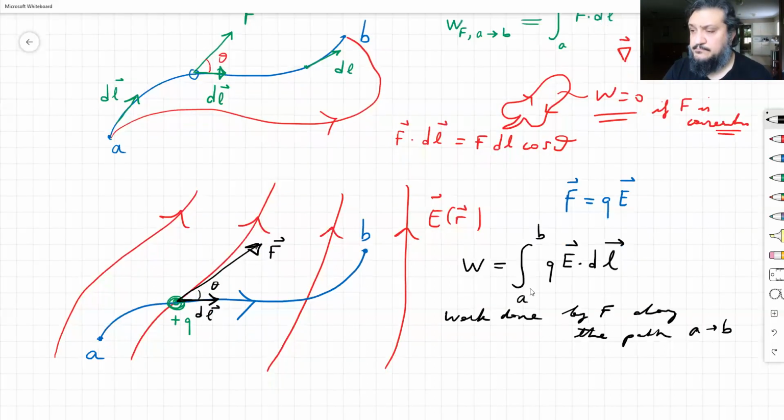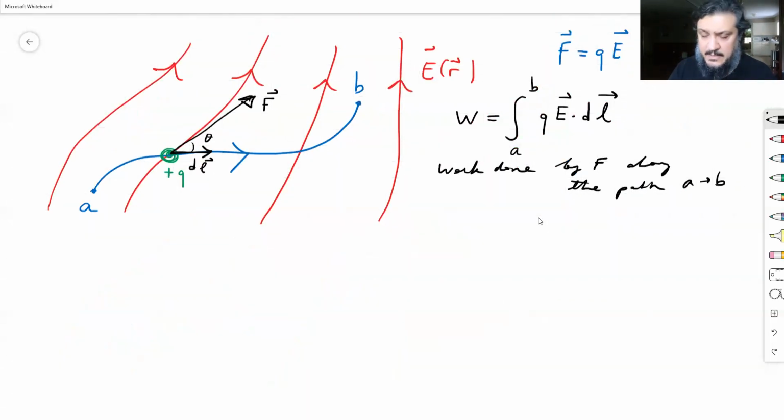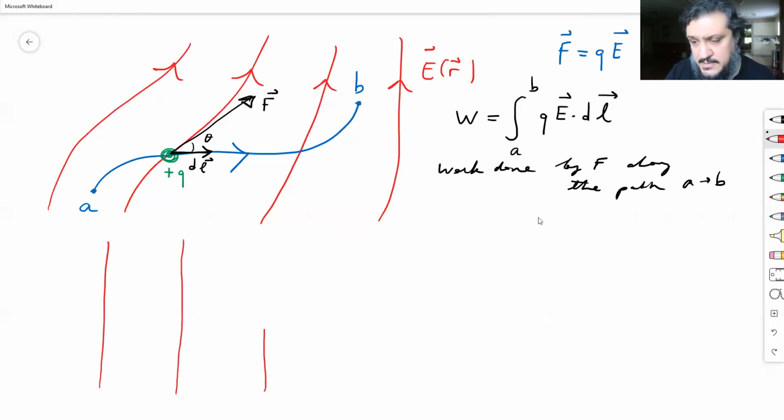So let the field be a uniform field. Uniform. So the direction and the magnitude is a constant, doesn't change. So we end up with parallel electric field lines.